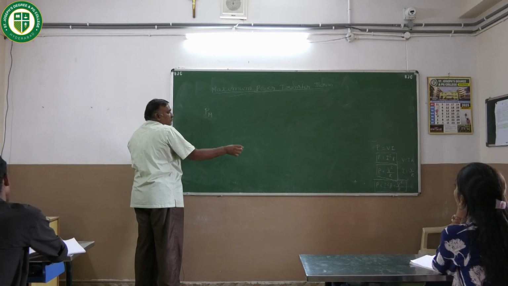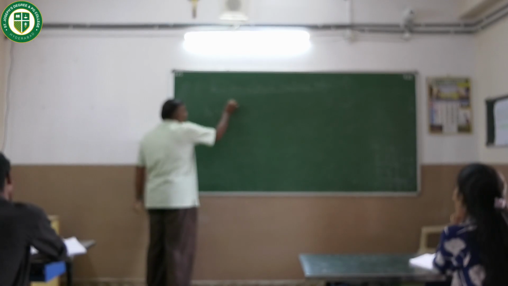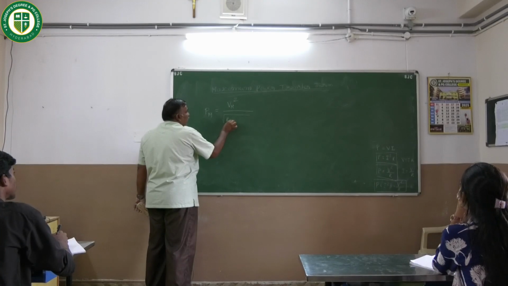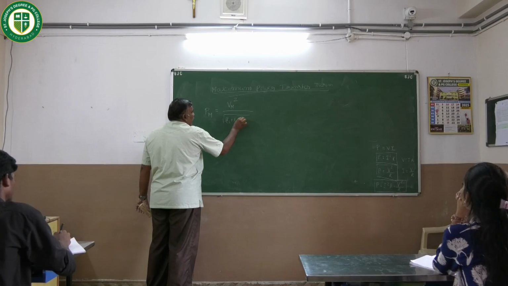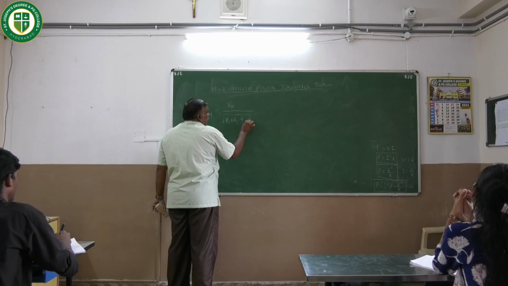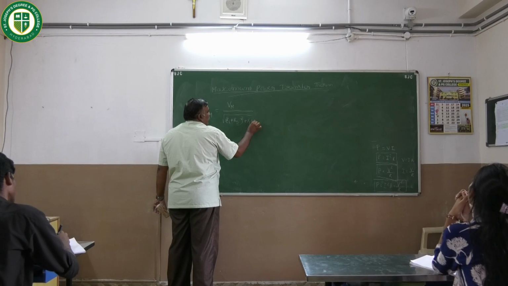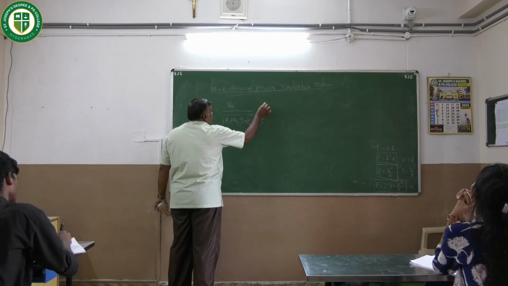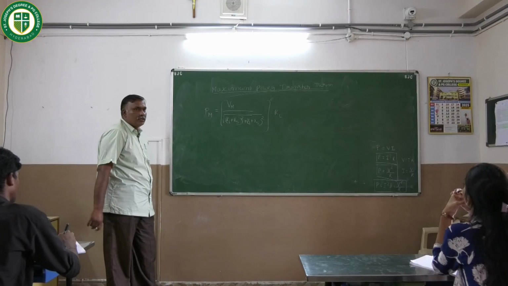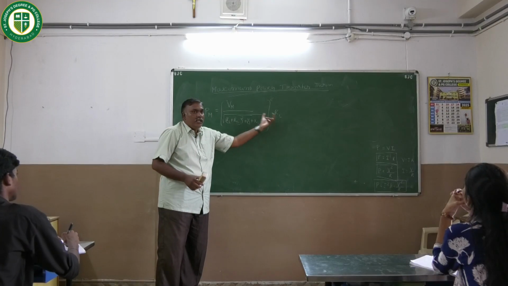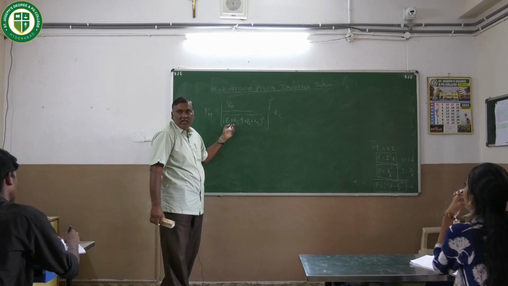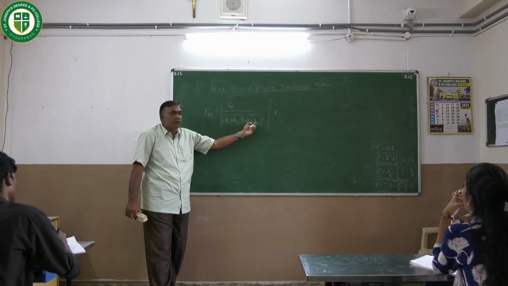So PM is equal to, I am substituting IM, so it is IM square, VM square by square root of RL plus RS whole square plus XL plus XS whole square, into RL. That's your IM square into RL. In place of IM, I am substituting the expression of IM, which is VM by square root of RL plus RS whole square plus XL plus XS whole square.